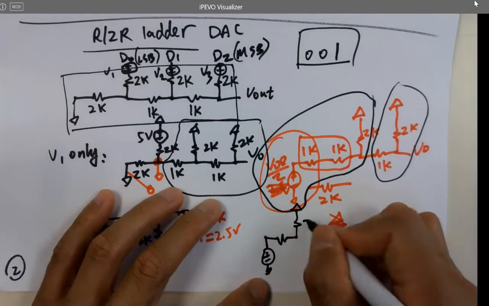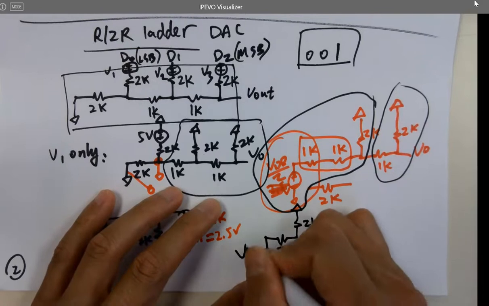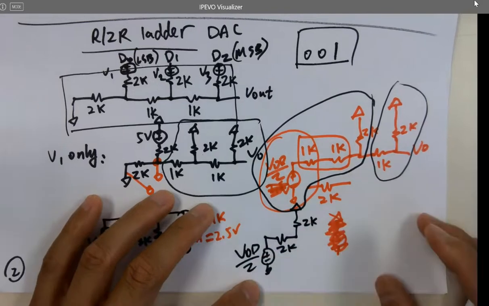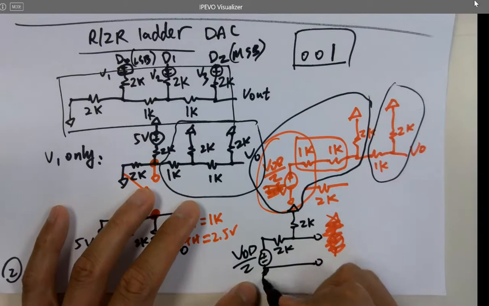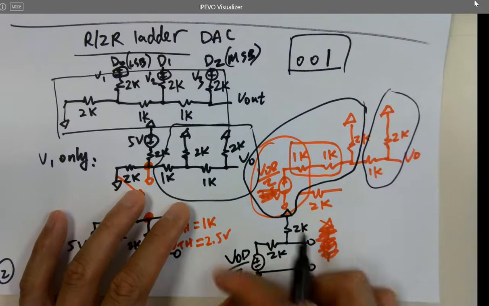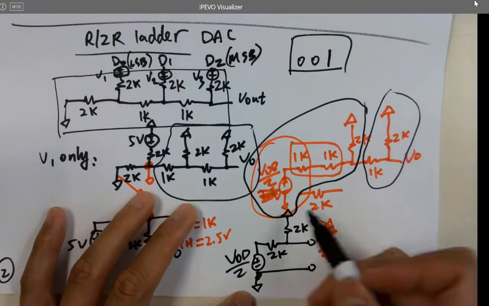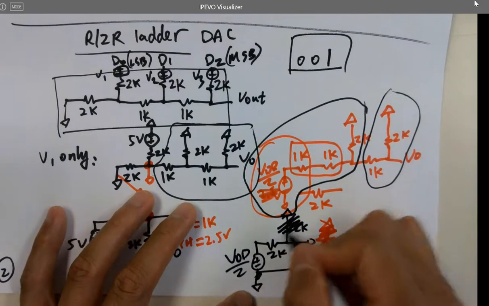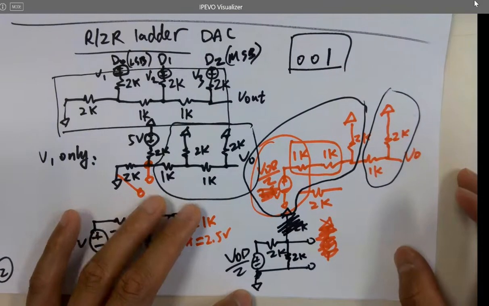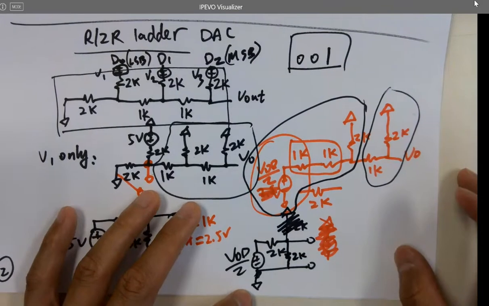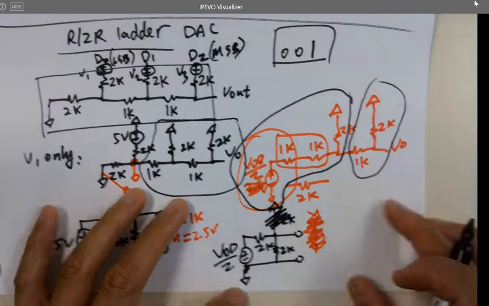So 2K here, 2K here, and this is VDD over 2. I just want to find out, this is the output node. I just want to find out what's the equivalent circuit here. Ground, ground. Why not just put it here? Same circuit. What's the equivalent circuit here?